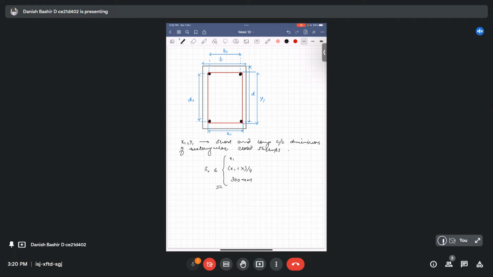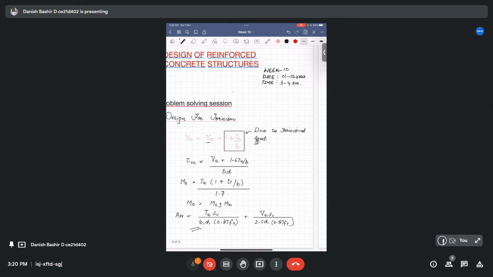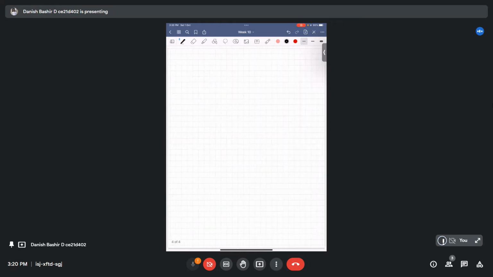Now we will come to our design problem. Our problem is like this. Today is week 10, problem 10. Problem number 10 we are discussing today.